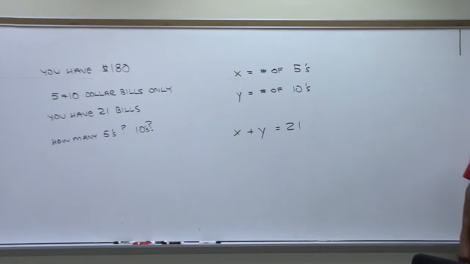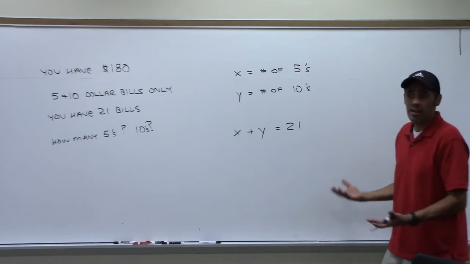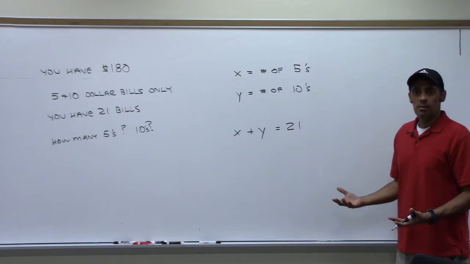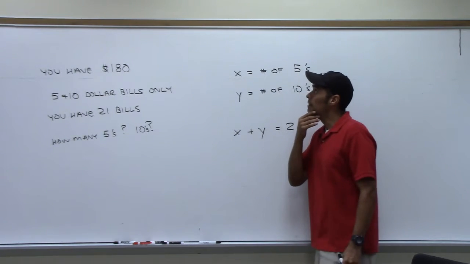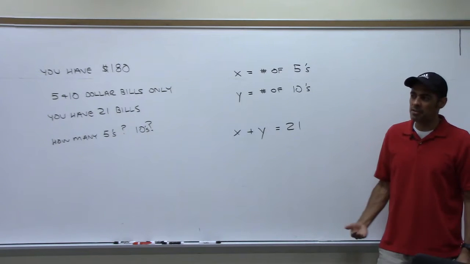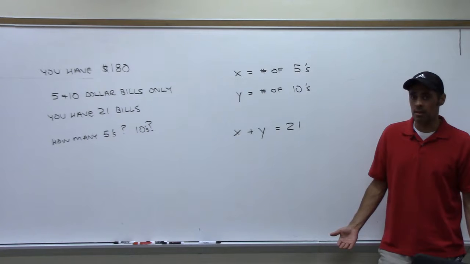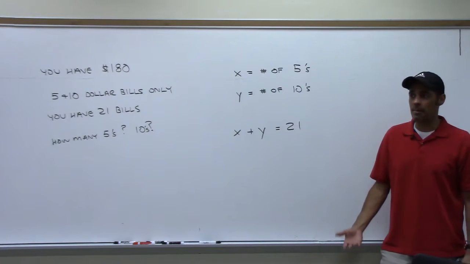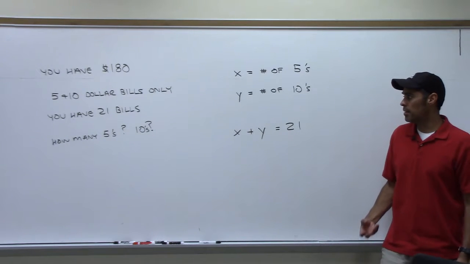What other information do I have? I have actually $180, right? So how much of that would be from the 5s? Let's see. Yeah. However many 5s I have, I multiply that times 5, and that's how much money it would be. However many 10s I have, I multiply that by 10, and that would be how much I have in value from the $10 bills.